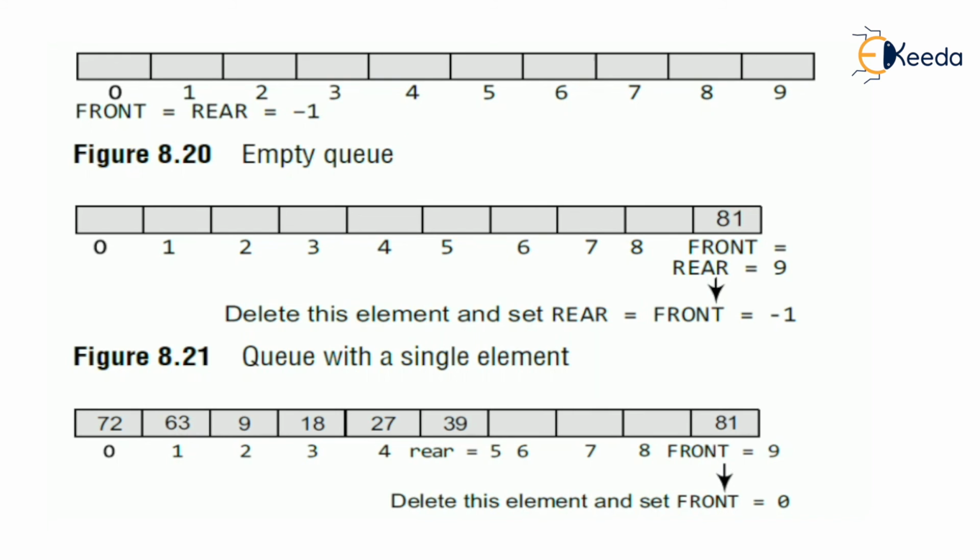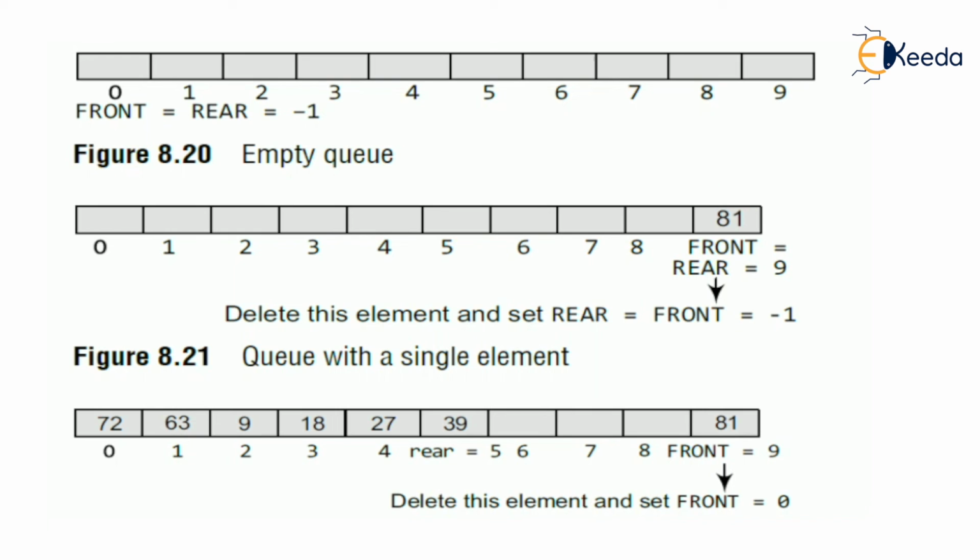But if we are using a linear queue instead of a circular queue, then this is a major drawback, right? Because the vacant space is available but we cannot use it, as we insert data only from the rear, and in the rear only one element is present, that is 81. Because of that we conclude that the queue is full.